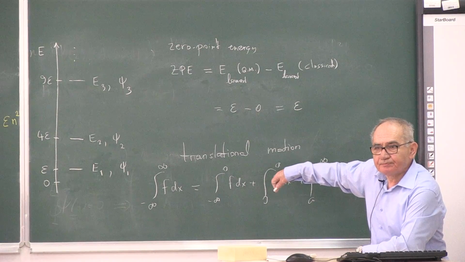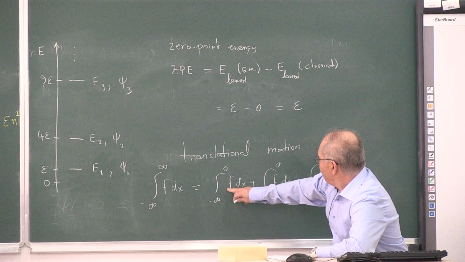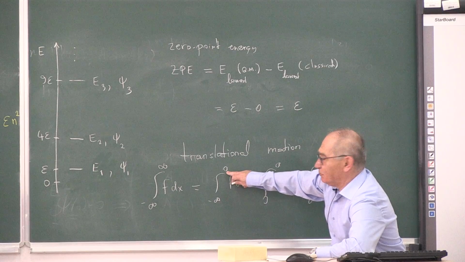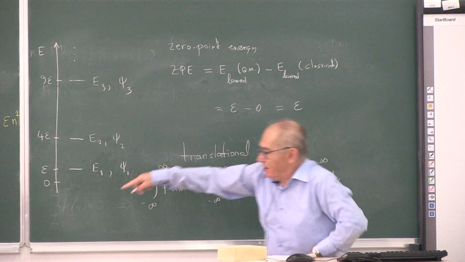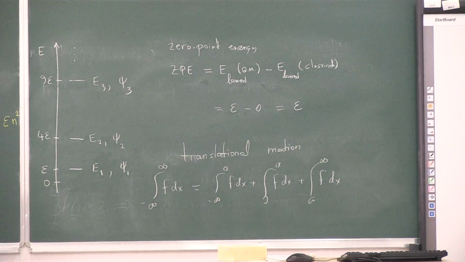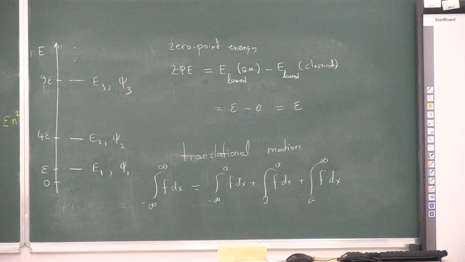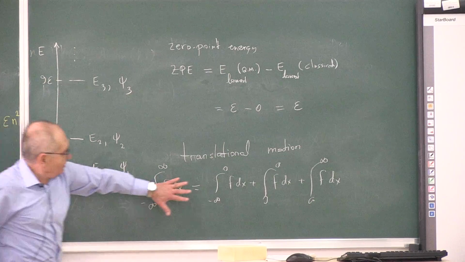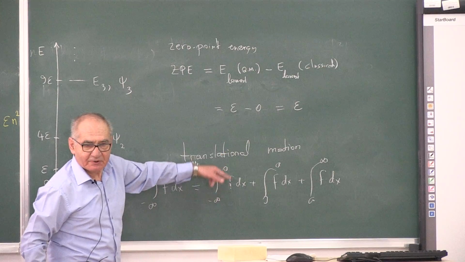Now, for our problem, for x between minus infinity and 0, our function psi has which value? 0. Therefore, there is no contribution to the first integral here. This one gives 0 because the function is 0 for all such x values.